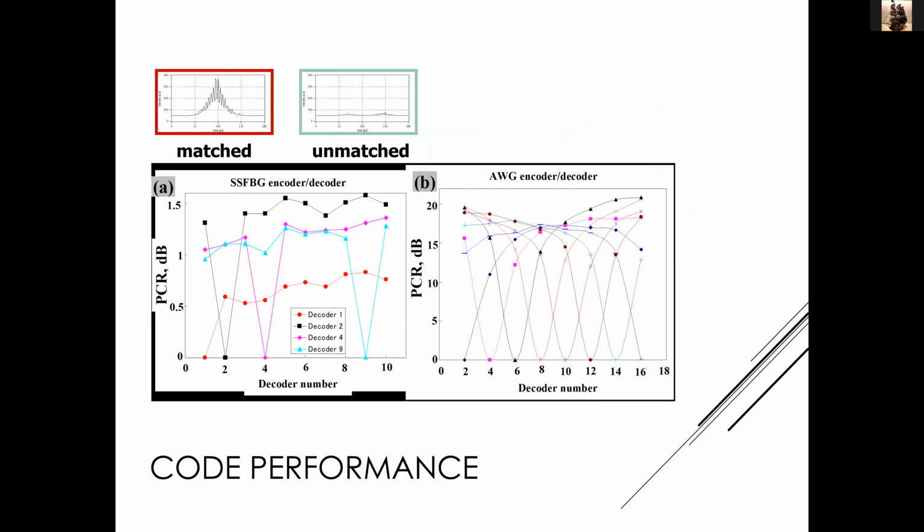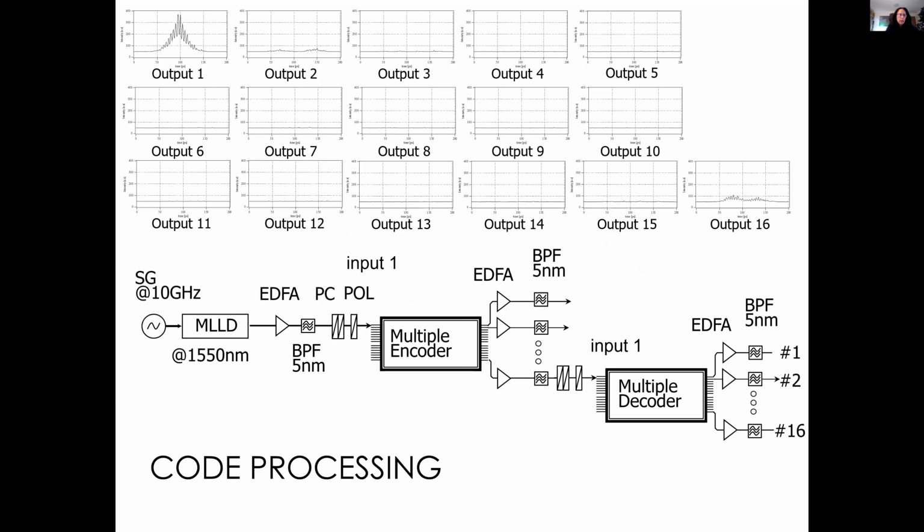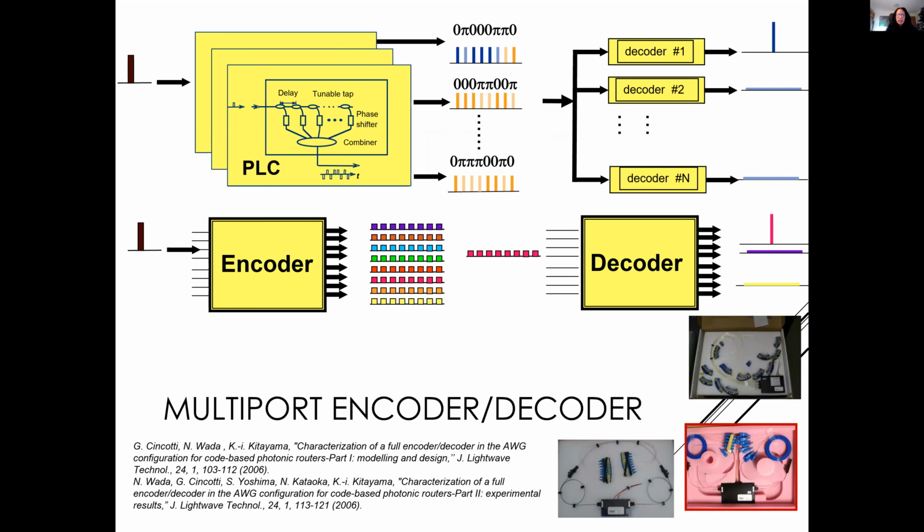No, the phase shift is between the pulses. So the phase shift is between here and here. It's between the pulses, so it's kept along all the fiber. We have had experiments and testbeds.